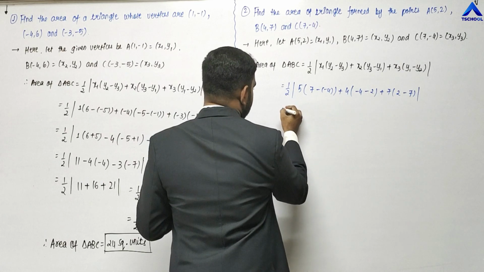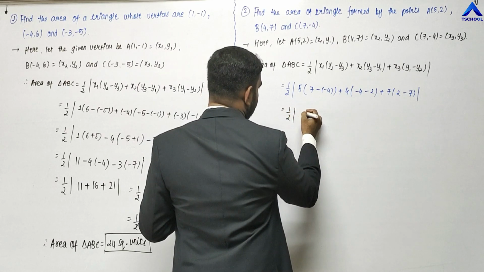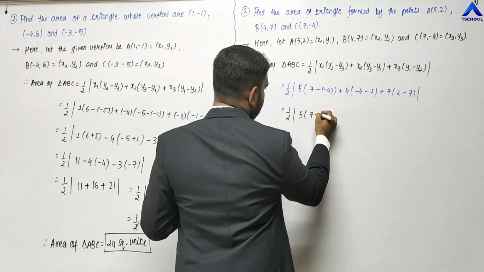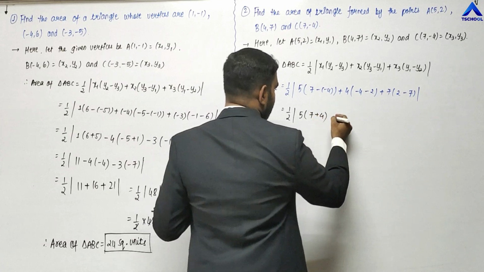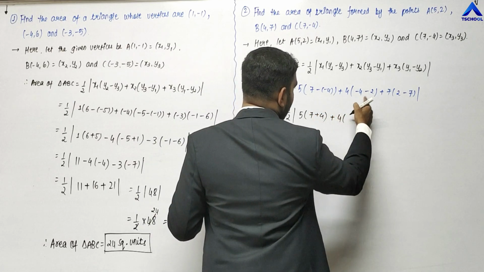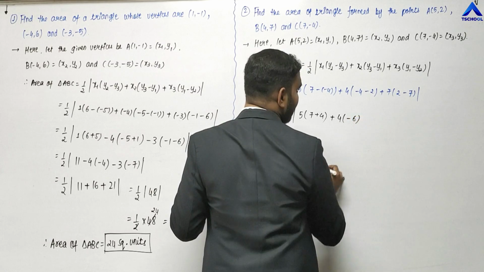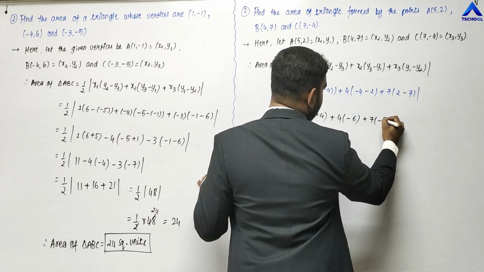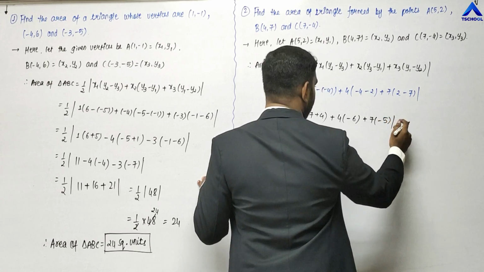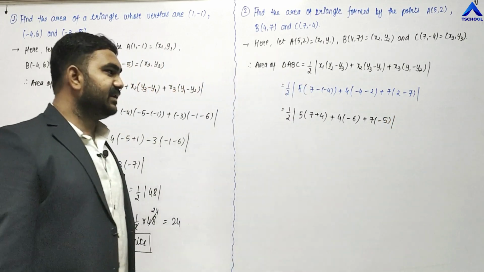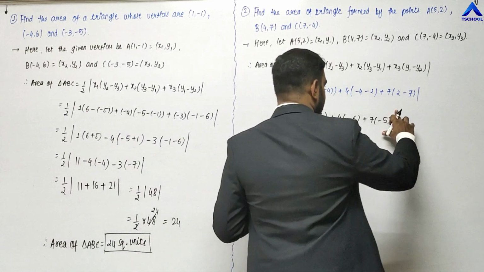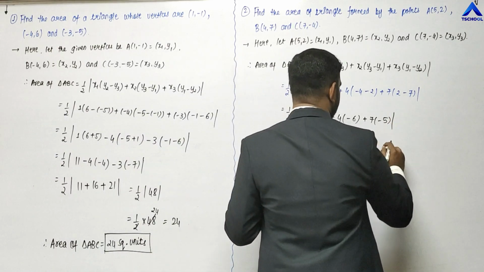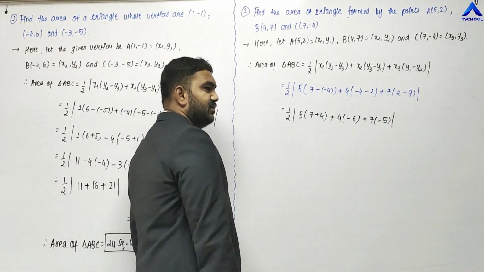So that will be equal to 1 by 2 modulus 5 into 7 plus 4, plus 4 into minus 4 minus 2, that is minus 6, plus 7 into 2 minus 7, that is minus 5. Is this thing clear? So those are the values that we can put here and solve it.